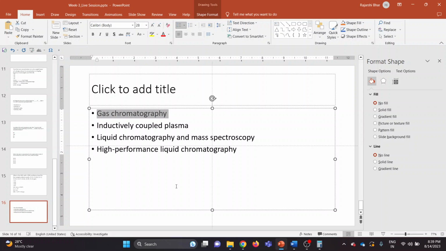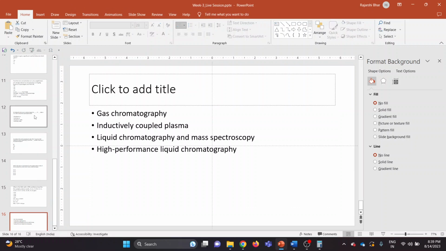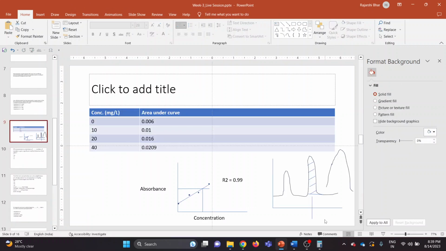Just doing gas chromatography will give you certain peaks like this, but these peaks will be present at, let's say, 2 seconds, then 3 seconds, 4 seconds. That means at 2 seconds one compound has been separated, then in 3 seconds something else, and at 4 seconds something else.